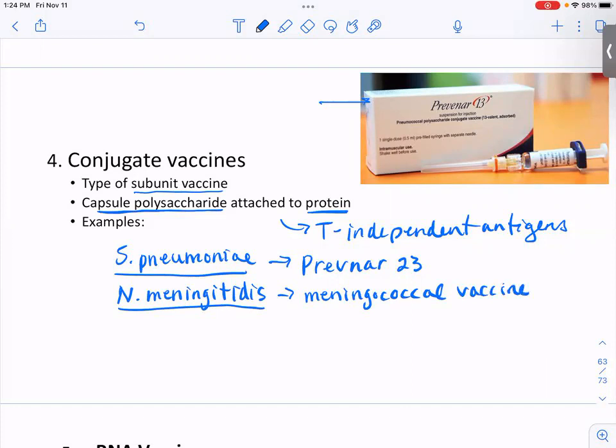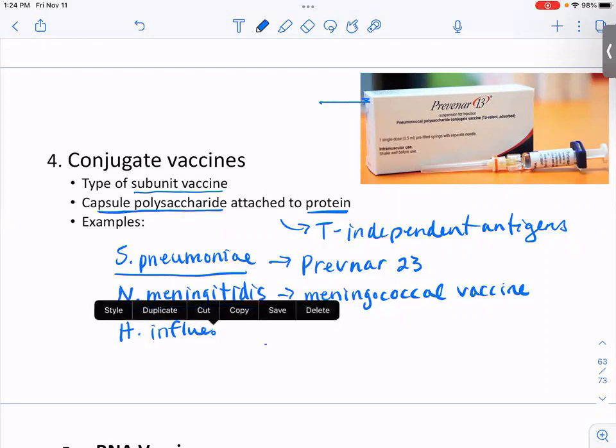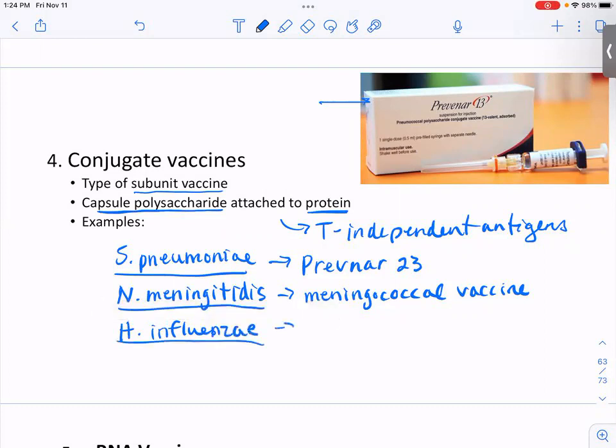Again, capsular polysaccharides conjugated with a protein. Another one we mentioned already, Haemophilus influenzae. That's the Hib vaccine, Haemophilus influenzae B. I mentioned that before as just an example of a T-independent antigen.